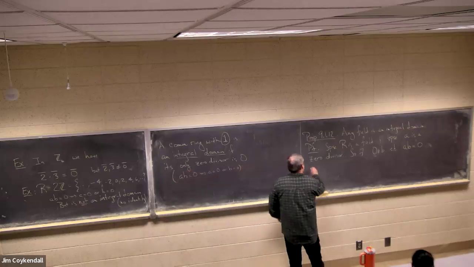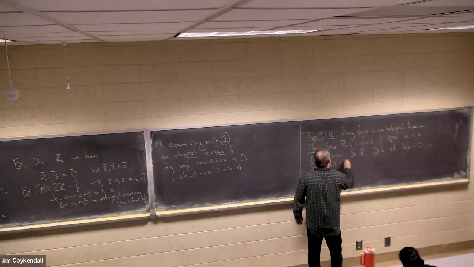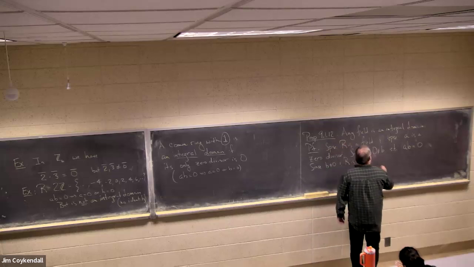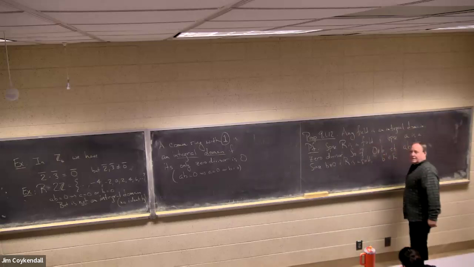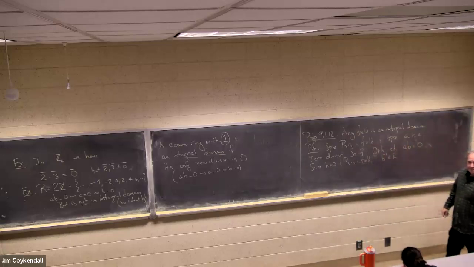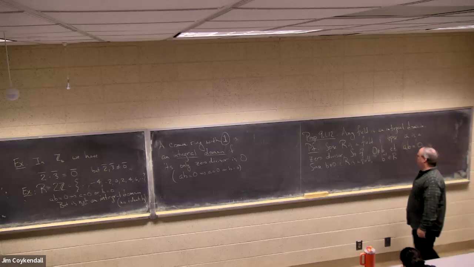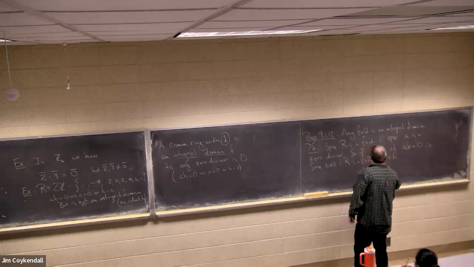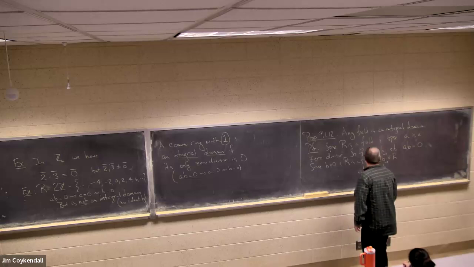Right. Since B is not zero and R is a field, B inverse is in R. Right? Now multiply both sides of this equation by B inverse. And I get A is equal to zero.